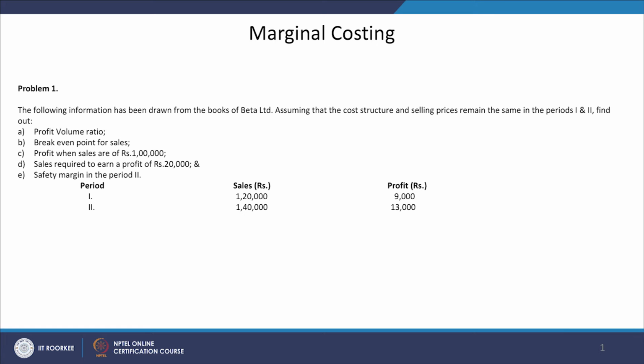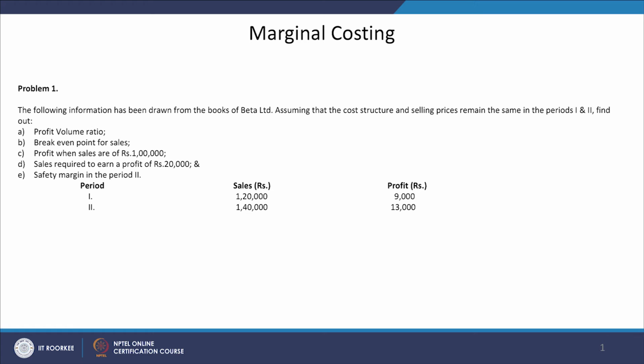Now we have to find out certain things. First, we have to find the profit to volume ratio, the PV ratio. Then we have to find the break even point for sales, and then the profit when sales are 100,000, that is 1 lakh rupees.